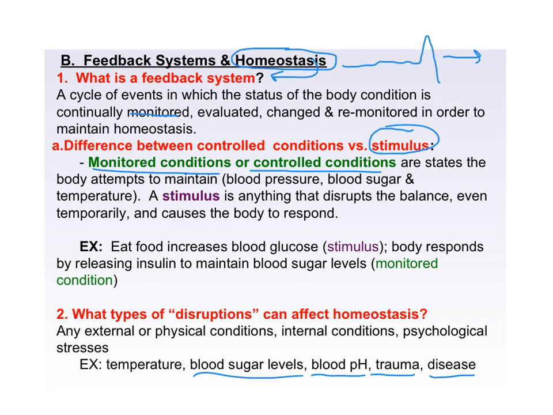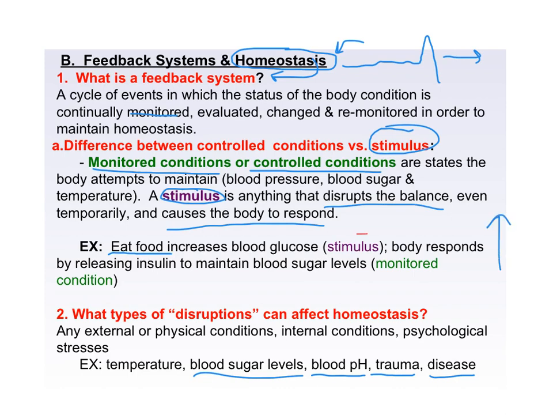Now, a stimulus is basically anything that disrupts the balance and causes the body to respond. So a stimulus is anything that causes the body to respond to try to maintain homeostasis. What are some things that can cause the body to respond? Every time you eat food, that causes your blood glucose level to go up.